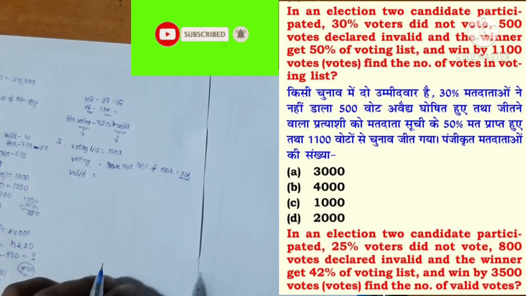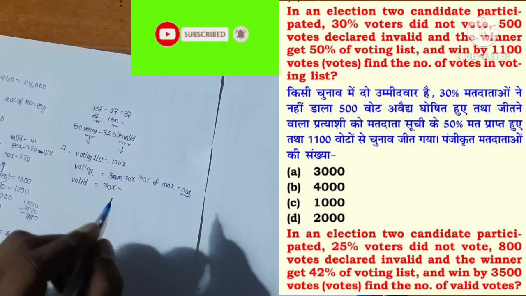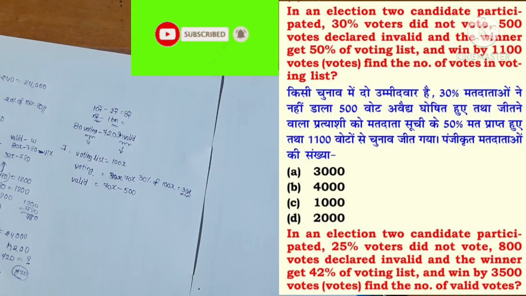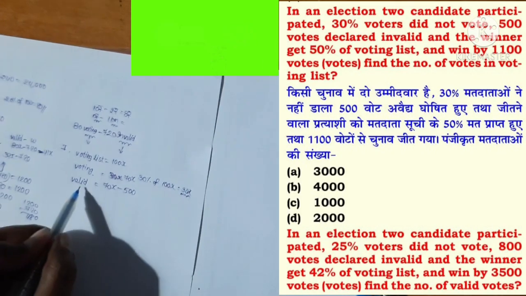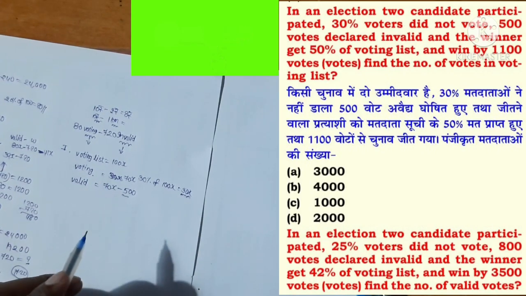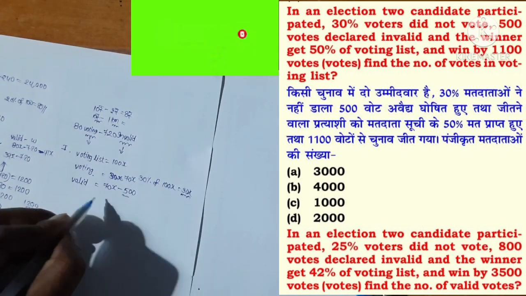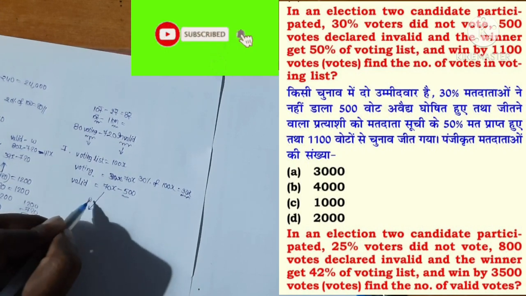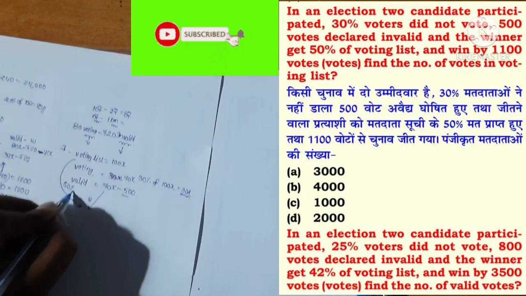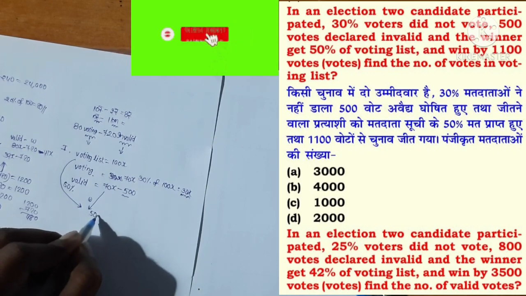So valid is 70x minus 500, since 500 votes are declared as invalid. So valid votes are voting minus 500. The winner will get 50% of the voting list, so 50% of 100x is 50x.